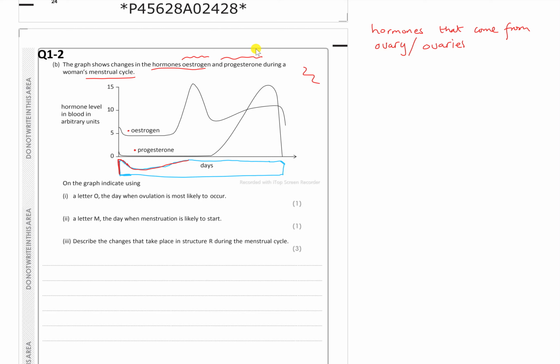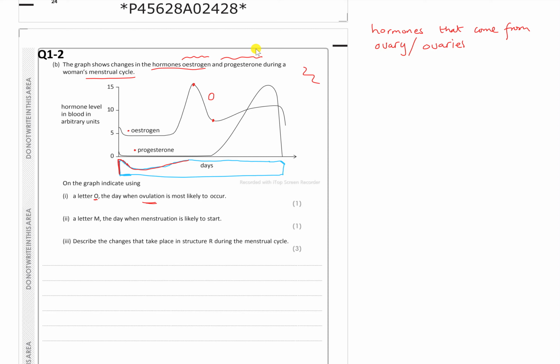What they're saying on the graph: indicate using the letter O the day when ovulation is most likely to occur. O is most likely to occur from anywhere from there to there. So we'll call that O for ovulation.